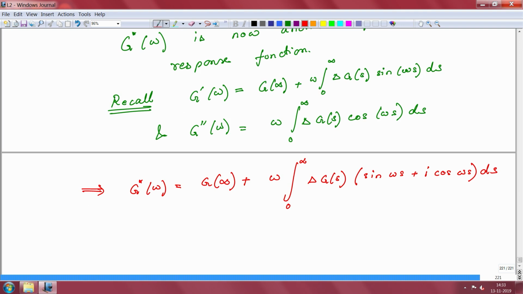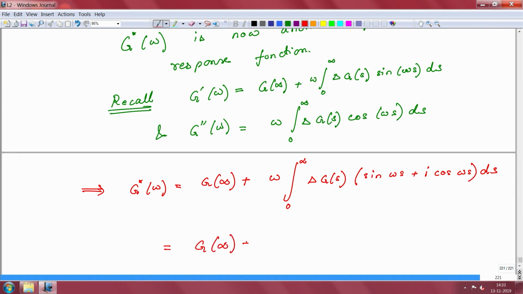Right. Or if you want to represent it in the e to the power i form, then what you can do is you can take an i omega out. Let me just write it.